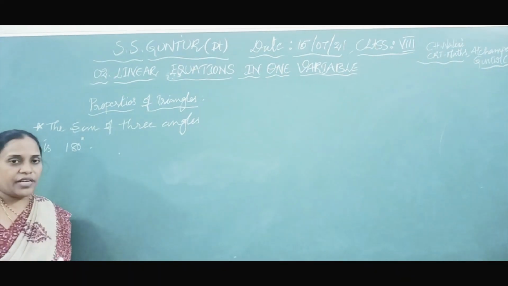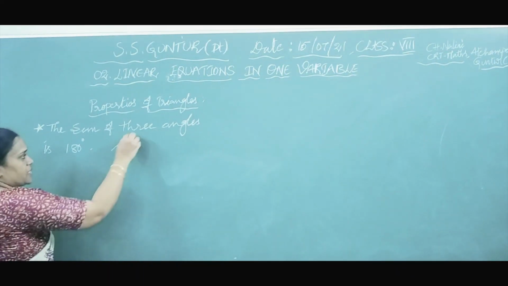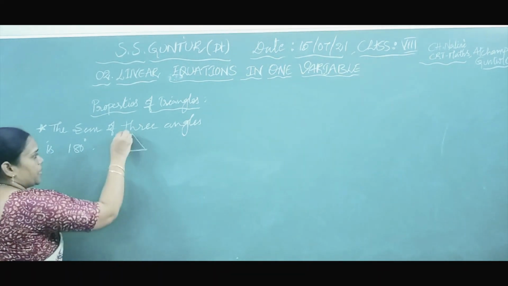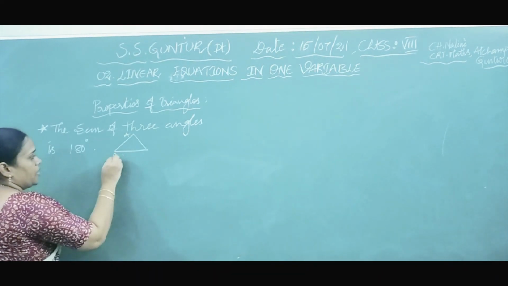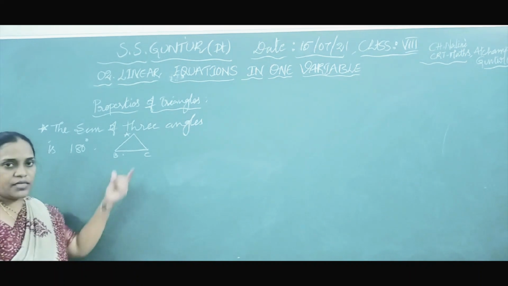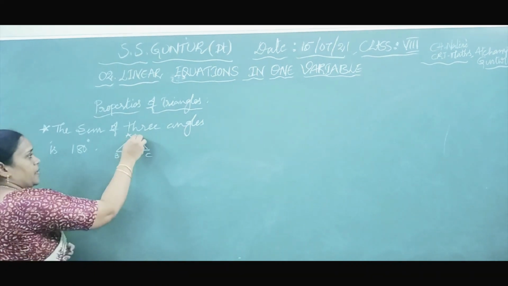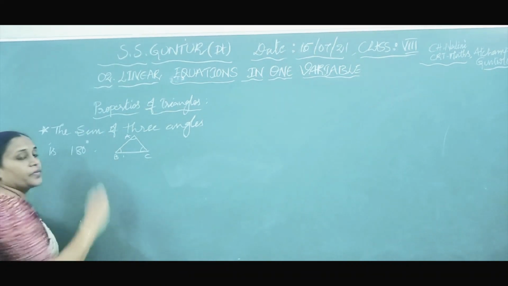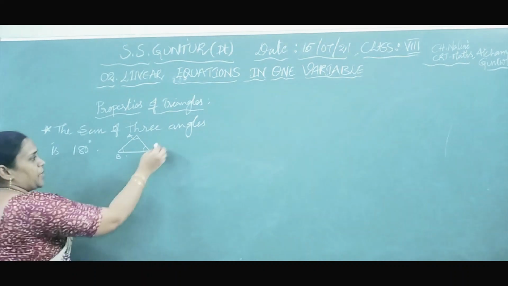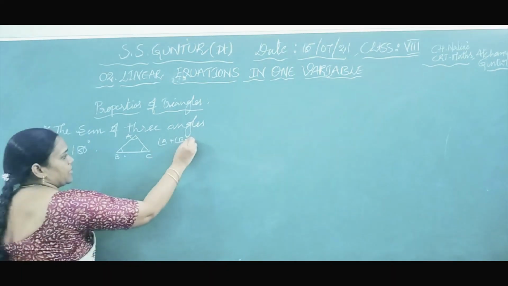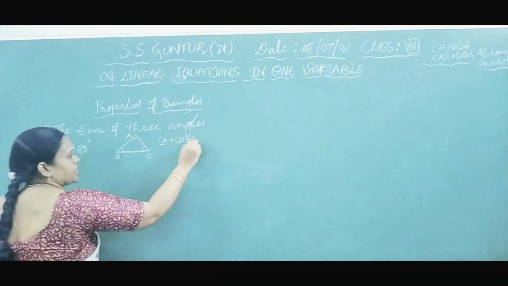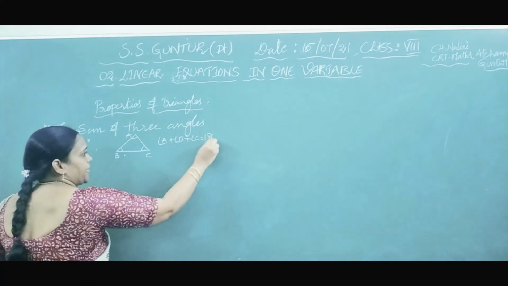Let us see this diagram. Triangle ABC. In this, angle A, angle B, angle C. The sum, angle A plus angle B plus angle C, is equal to how much? 180 degrees. Okay.